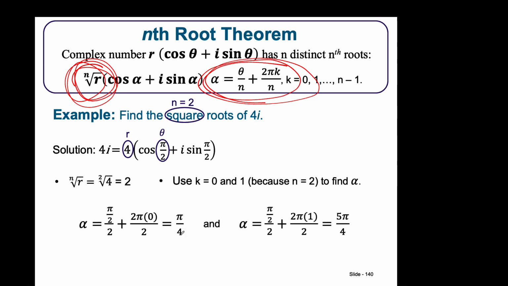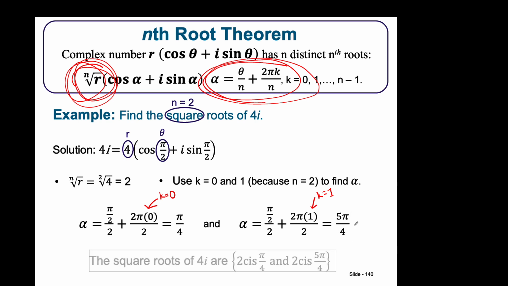So that is one of our values for alpha. Now we need to do it again. We need to change the k from 0, increase it by a full integer. So if k equals 1 this time, that simplifies to 5 pi over 4. That's another value for alpha.